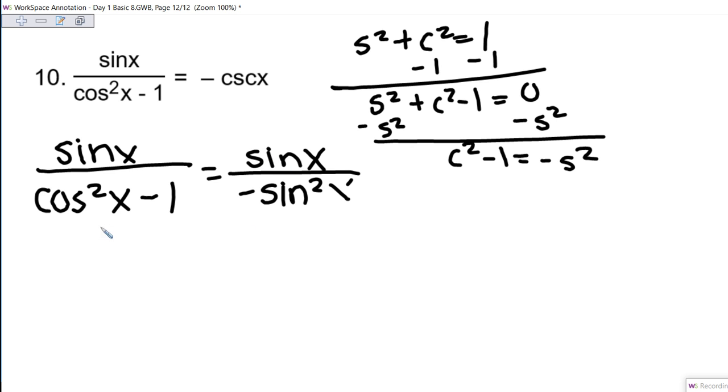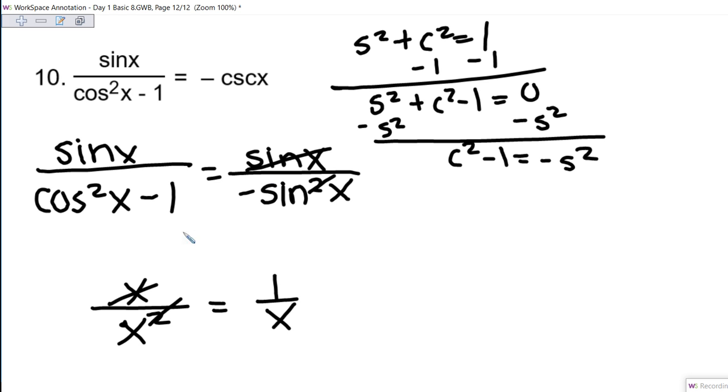And what if this were just x over x squared? What would that equal? 1 over x. The x in the numerator will cancel with only one factor in the denominator. So same principle here. The sine of x in the numerator will cancel with only one sine of x factor in the denominator.